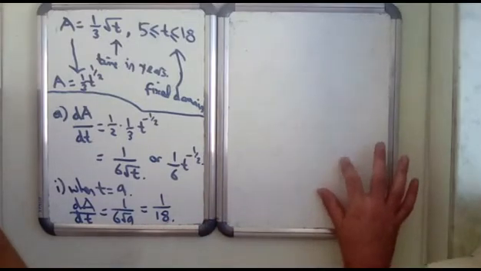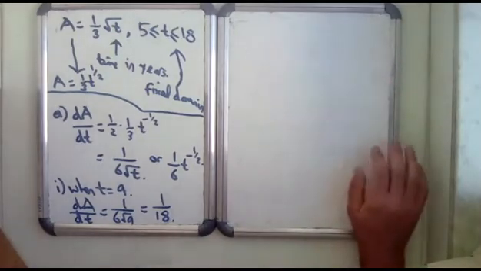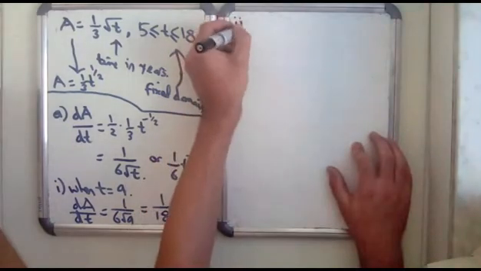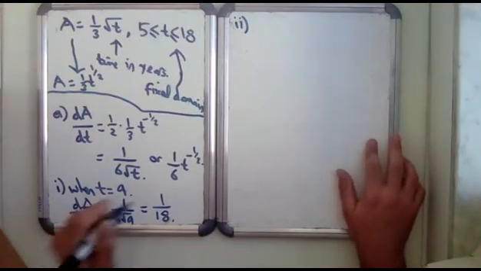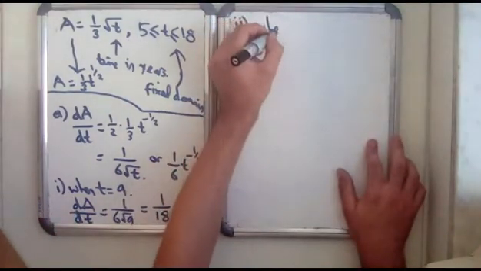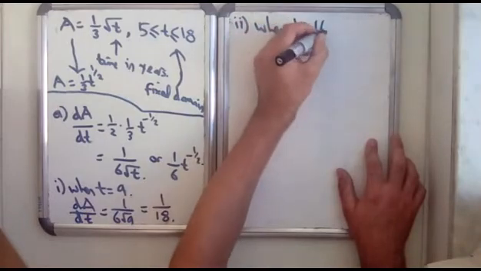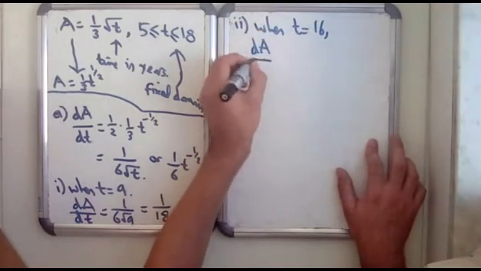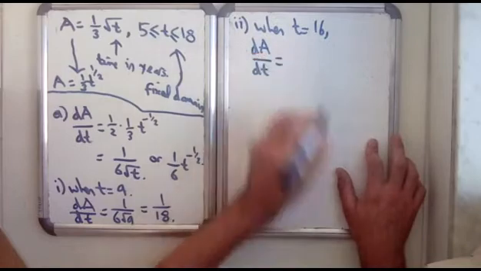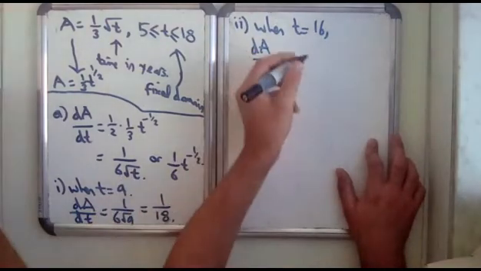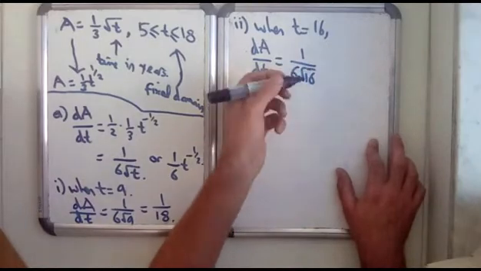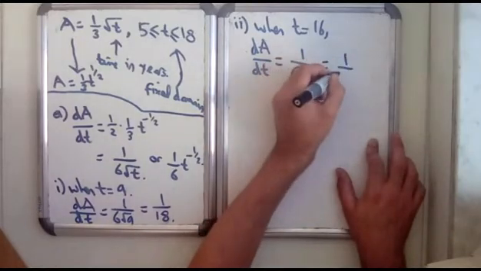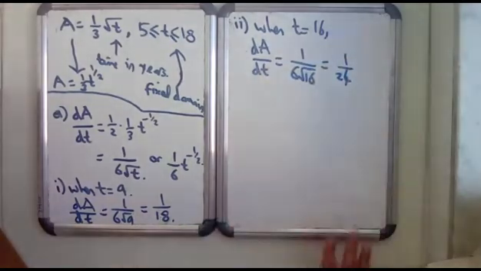But I don't know what ability is measured in. So part 2, we're just going to substitute 16 instead. When t equals 16, dA by dt, the rate of change of ability with respect to time, equals 1/6 root 16. Well, root 16 is 4, 6 times 4 is 24, so 1/24. Again, units of ability per year.